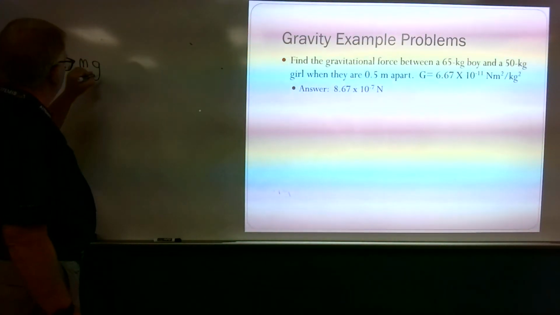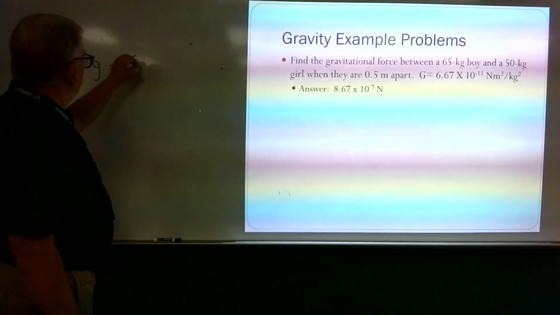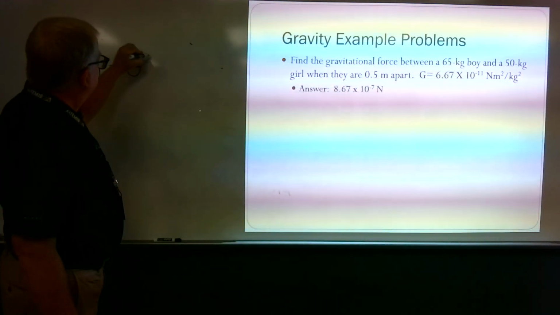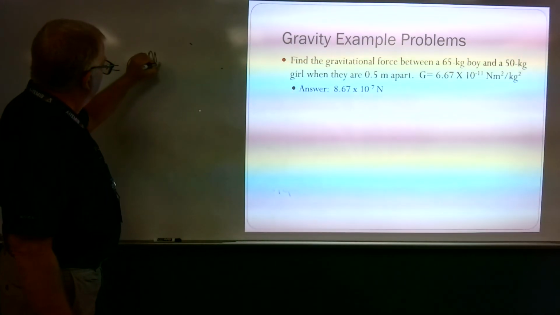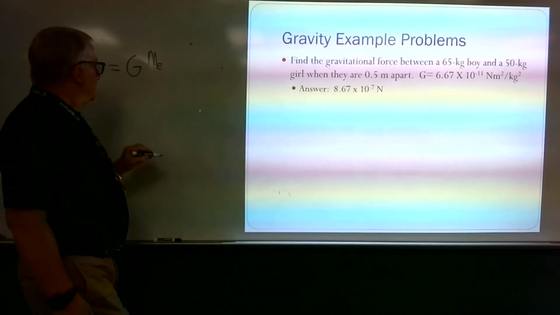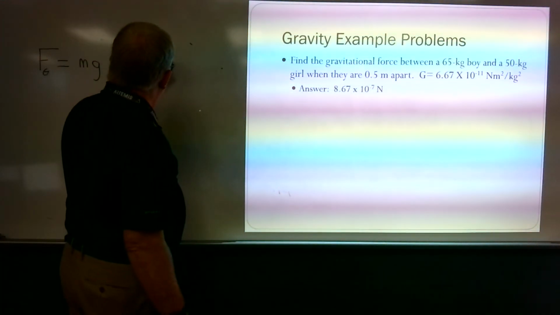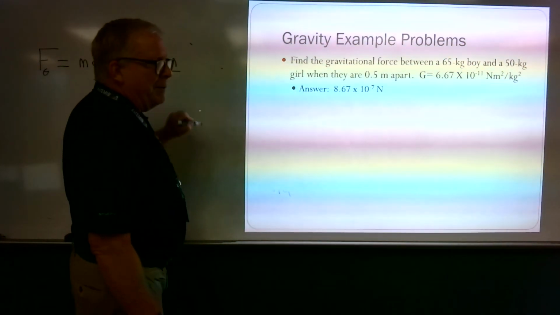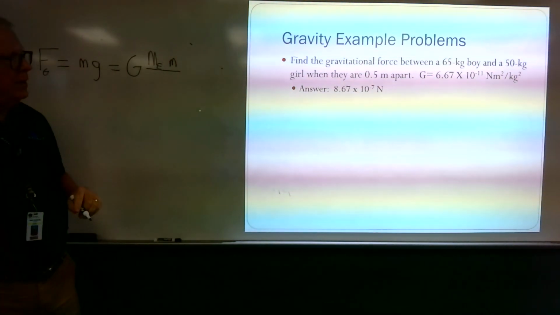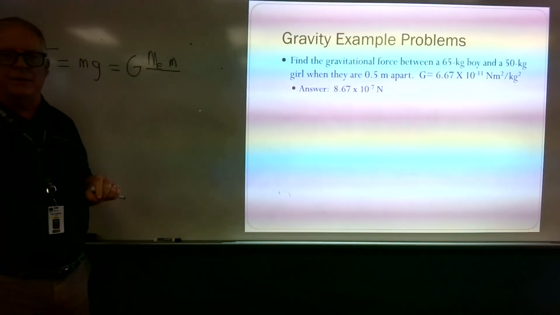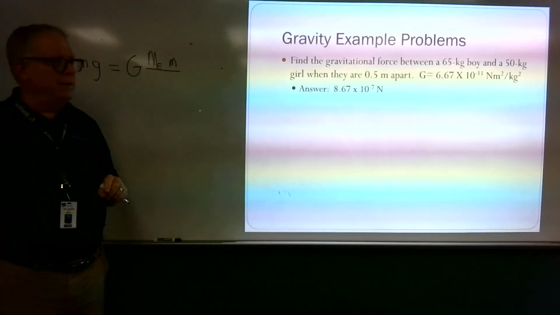Well, the force of gravity must be equal to big G times the mass of, say, the Earth times the mass of the object divided by the distance between those two squared. We take the center of the Earth as where its gravity is said to act.